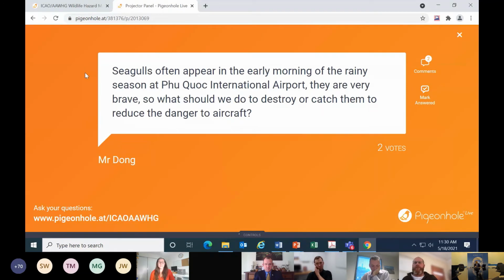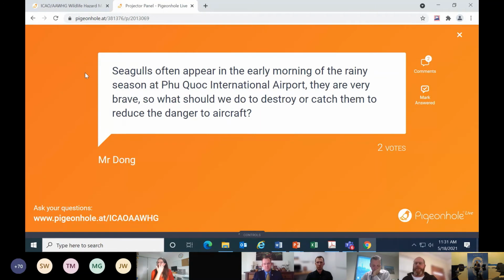The more you can discourage them getting settled for the day, the less they're likely to want to hang around. So dispersing them as they're arriving in the morning. Seagulls are particularly tricky. They're very persistent, and so your dispersal and your active control needs to be equally persistent until they have moved off to a location that is what you would consider to be a more acceptable location.